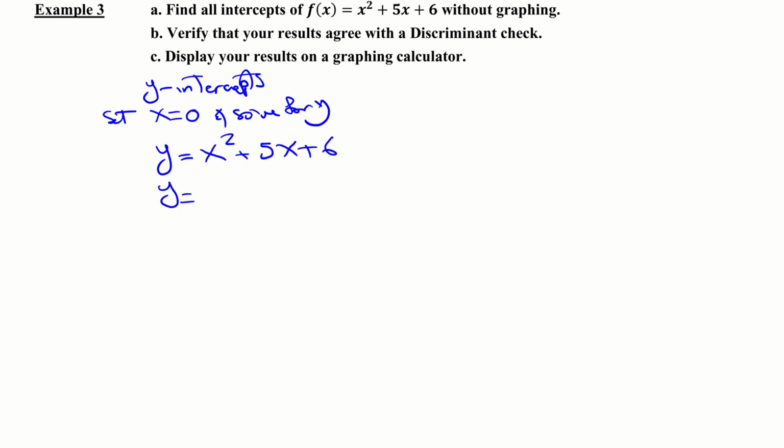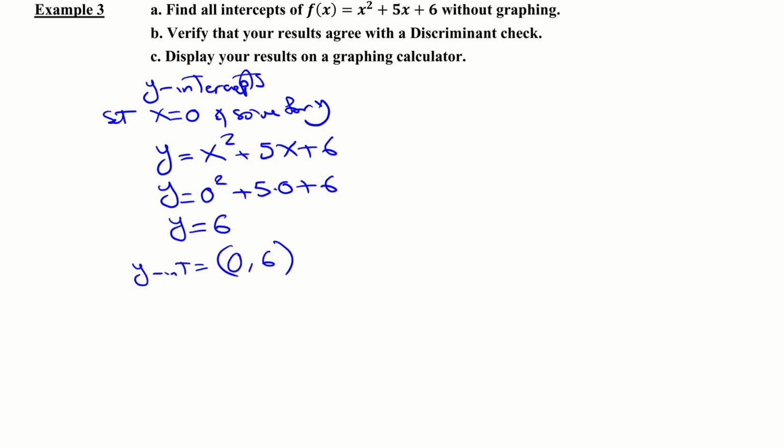So we get y equals 0 squared plus 5 times 0 plus 6. We already knew it's going to work out like that, where it becomes c. So y equals 6. So to write the y-intercept, we actually say the y-intercept is the ordered pair (0, 6). That's the proper way to present it.